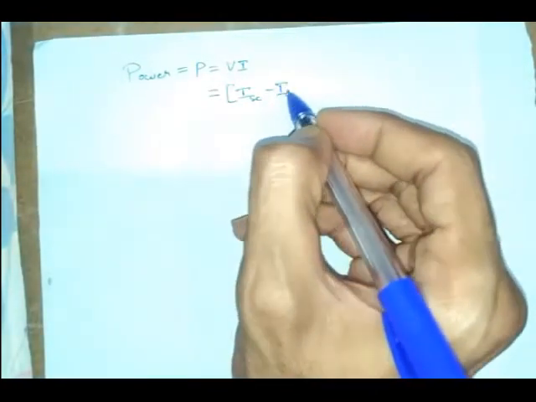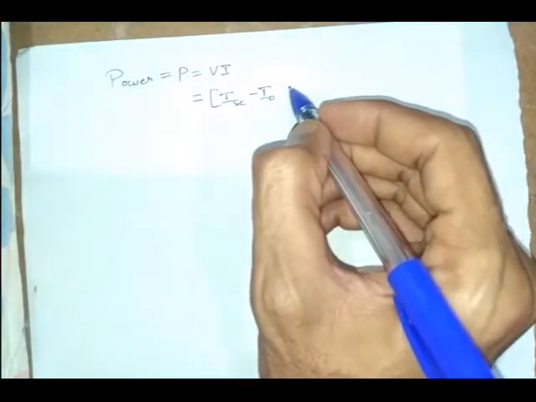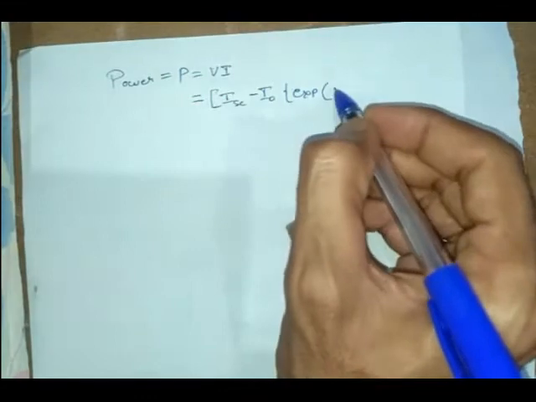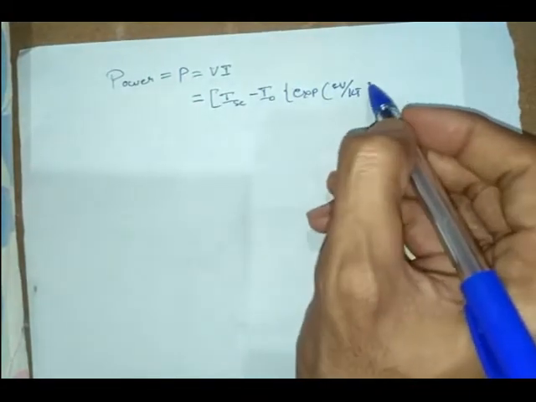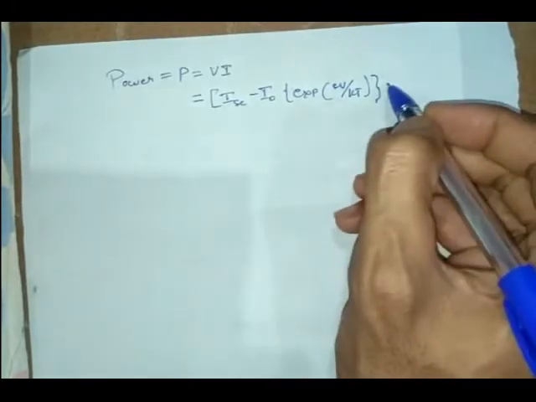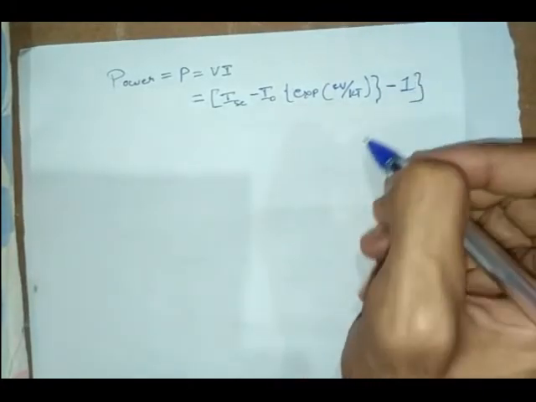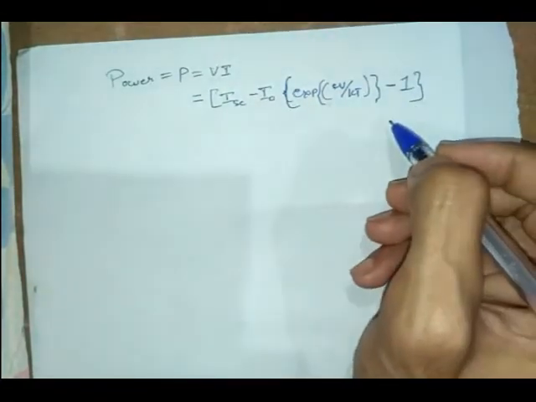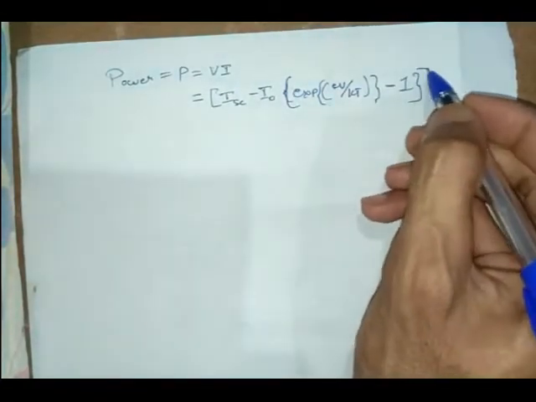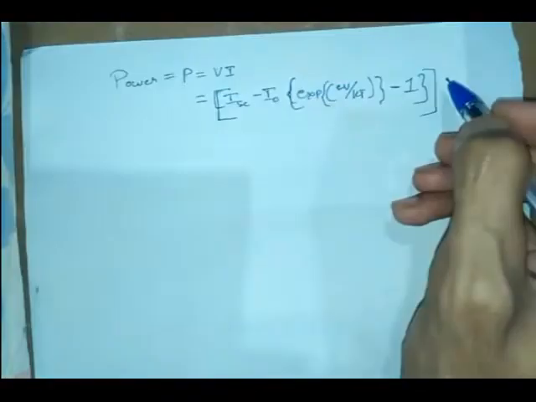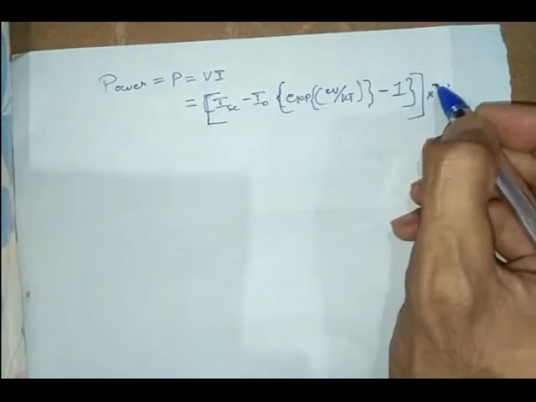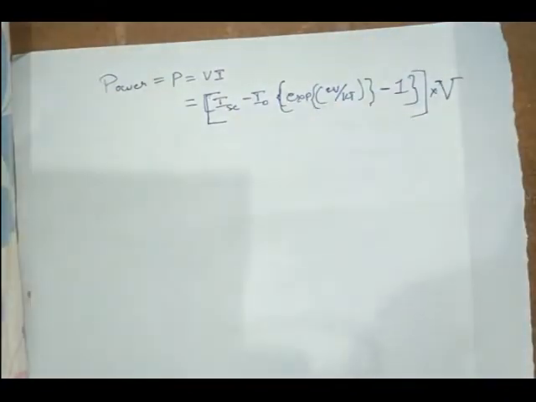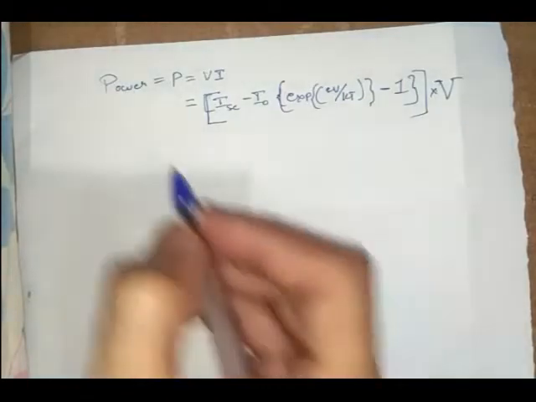So if we substitute that I value, ISC minus I naught, then exponential EV by KT minus 1, this into voltage V. So what we get now is the equation for power.